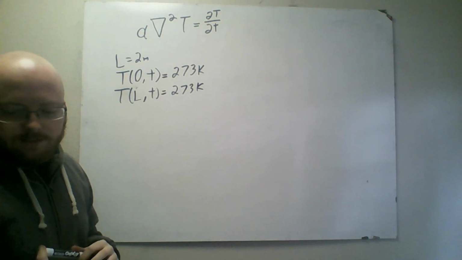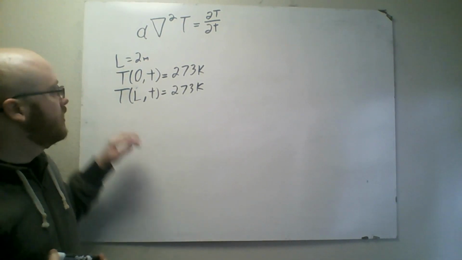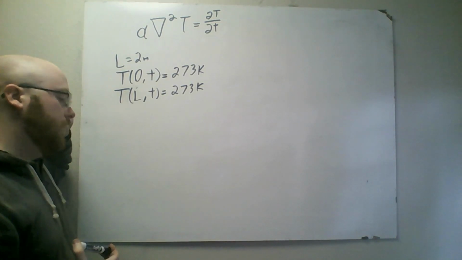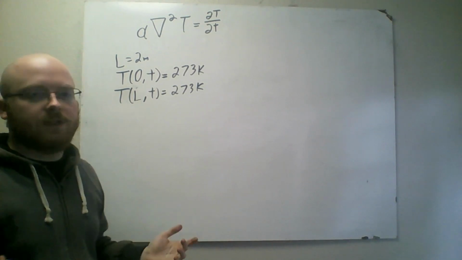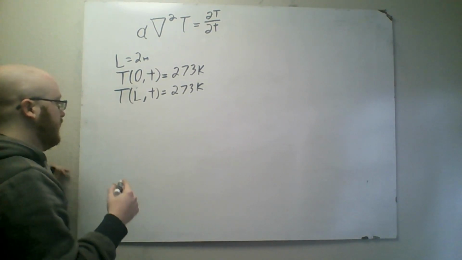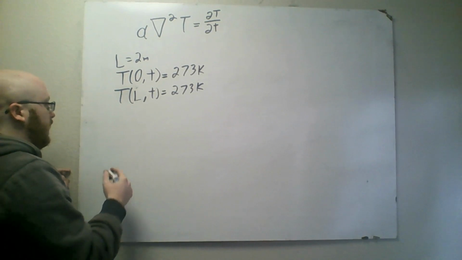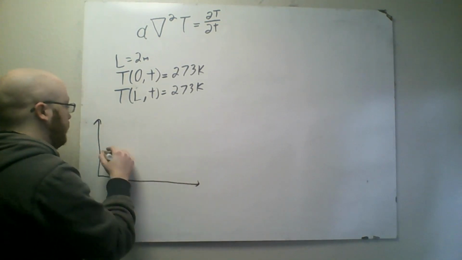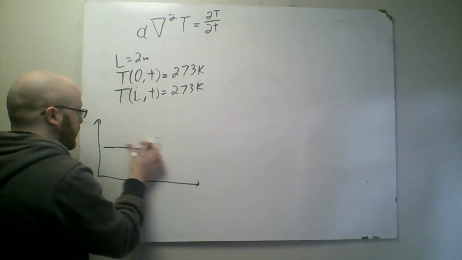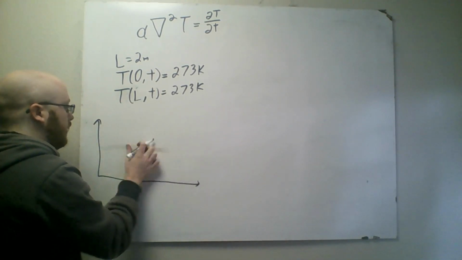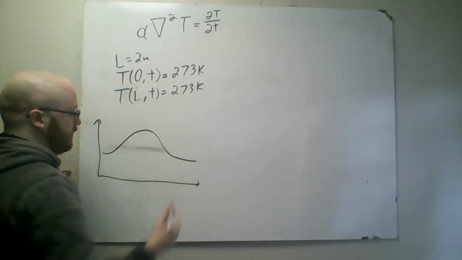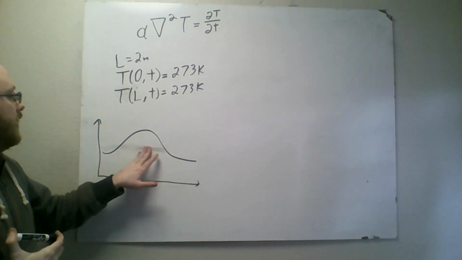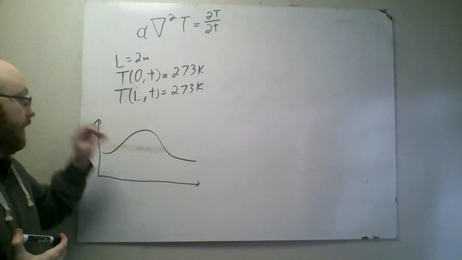I think we're going to start with a simple thing. Now we specify how it works at the endpoints. These are boundary conditions. And now we just need to specify an initial distribution of temperature. Let's say for some reason we had a bar and we heated up the center. The temperature distribution might look something like this. So the question becomes, how do we model that?